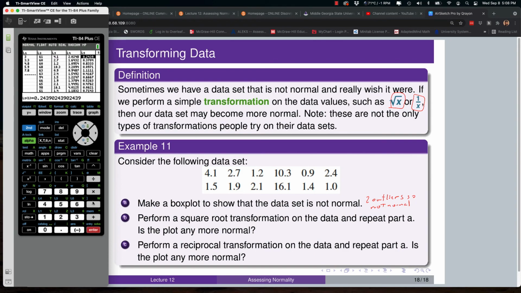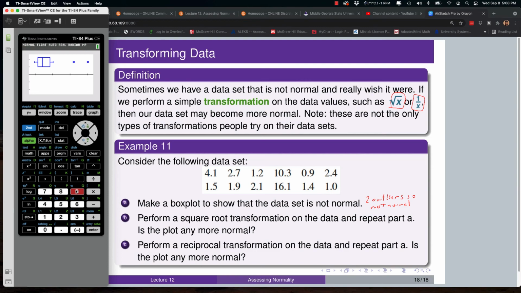So now we want to look at the box plot for the square root transformation in my list 4 here. So I'm going to go back into my stat plot and fix that so that I have list 4 being the option that I want to choose from. So I'm going to hit second and the 4 key, and then I'm going to do my zoom 9 again for zoom stat.